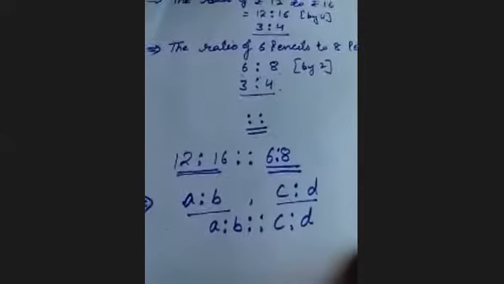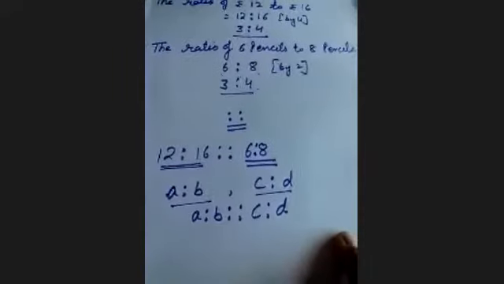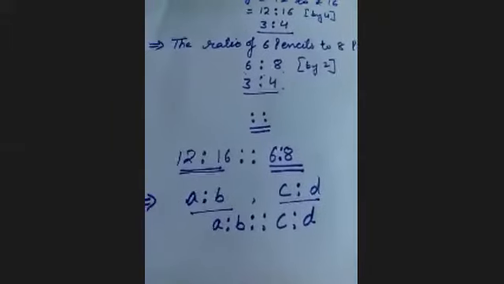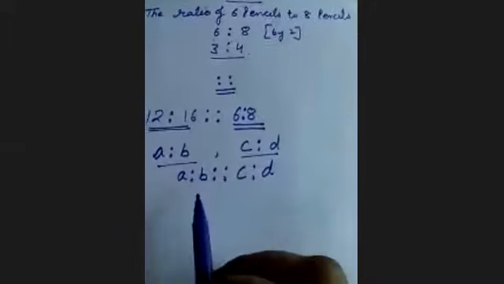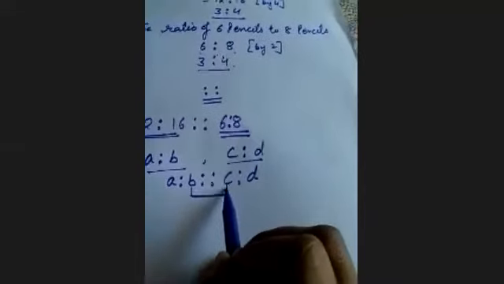Now next is how we can check whether two ratios are in proportion or not. For this, first we'll find the product of mean terms.